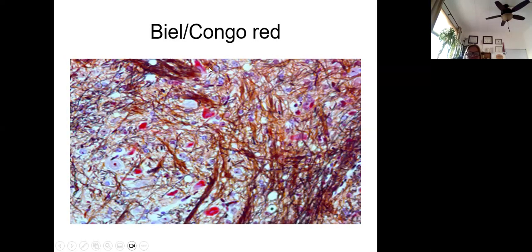This is what a Biel Congo red looks like. So here's your Bielchowski, and you can see all of the nerve fibers, the axons running through there. Then you have a hematoxylin, and you have the Congo red. The Congo red is actually staining what's known as brain amyloid plaques.